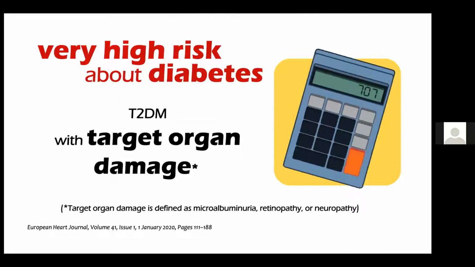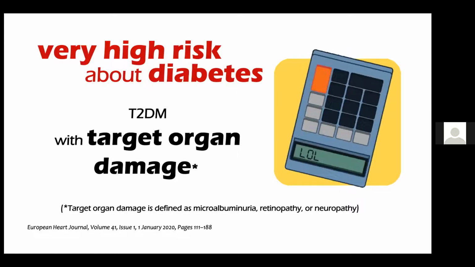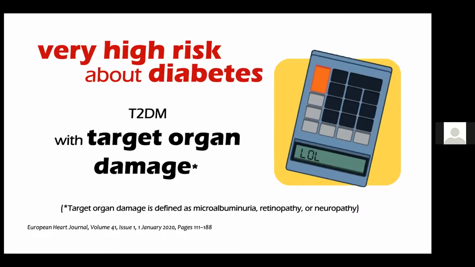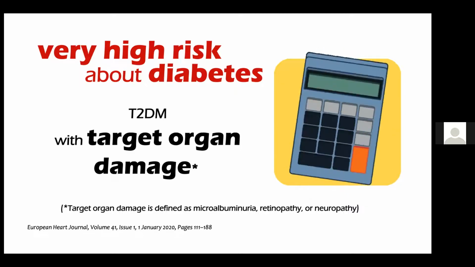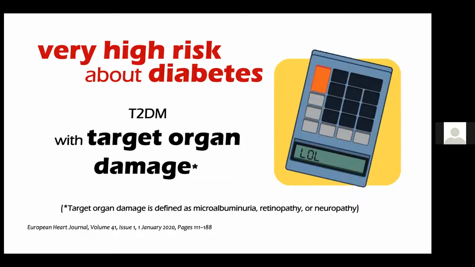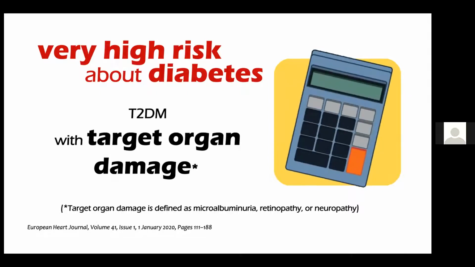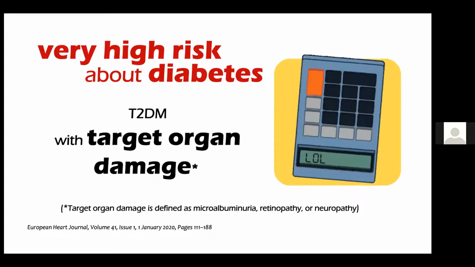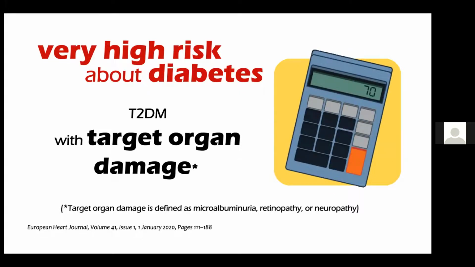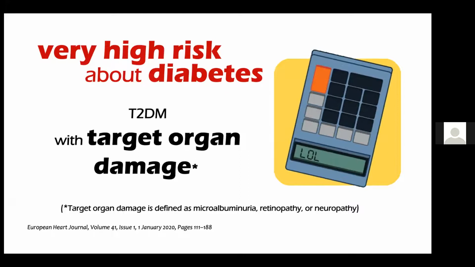So every single patient with type 2 diabetes that has target organ damage, and how many of them do we have that might not have the cholesterol that we expect, or many other risk factors we've discussed, but that have peripheral neuropathy?